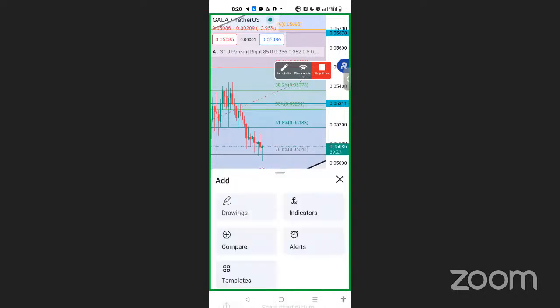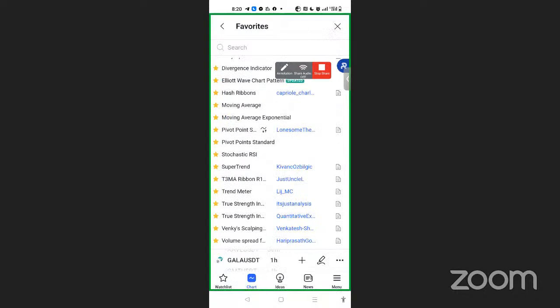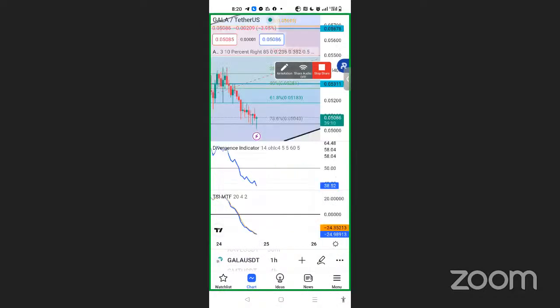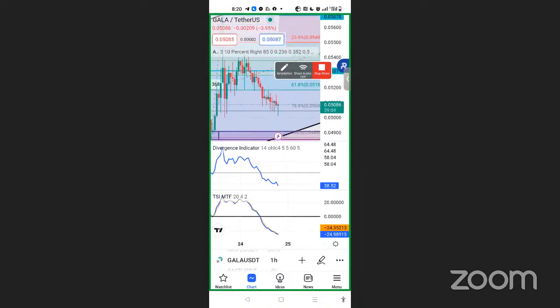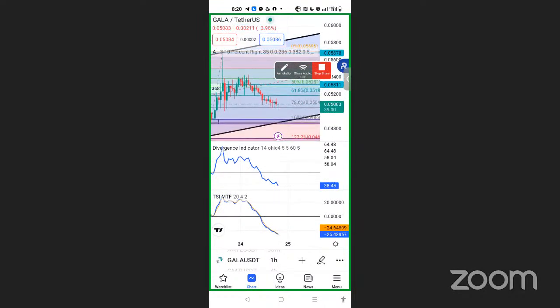Let me put in the TSI. So it's also still moving down, but you may not enter the market now because there's no confirmation, but it is showing you that the market is going to be able to reverse.